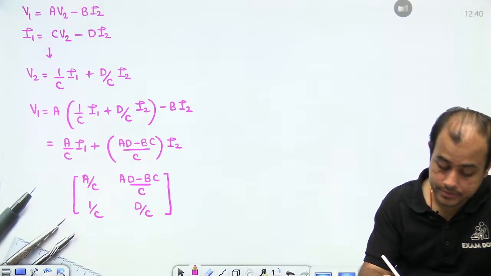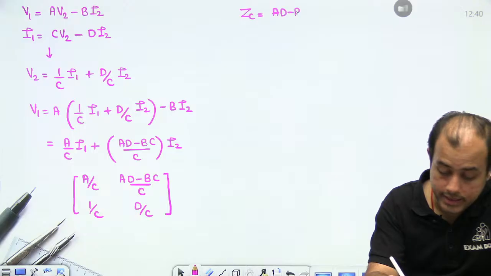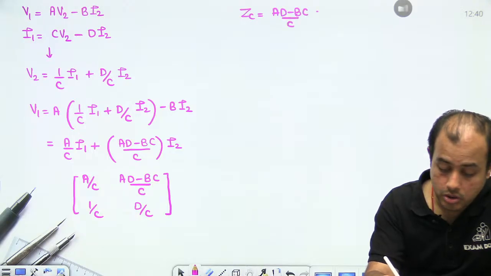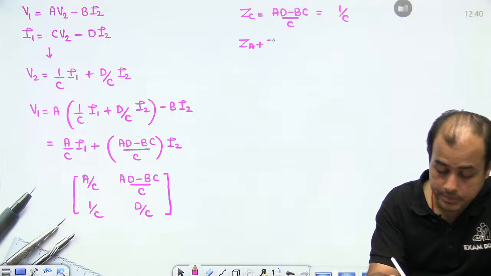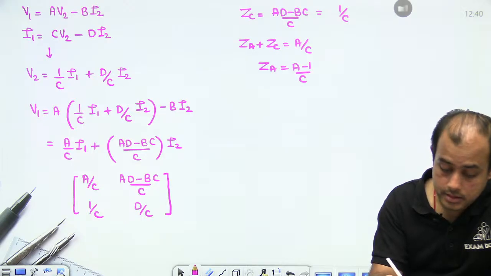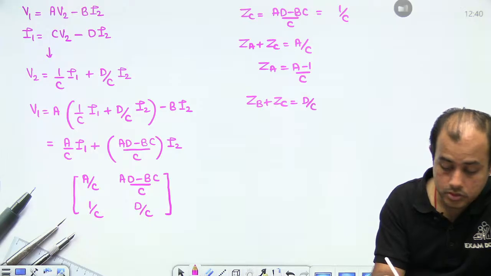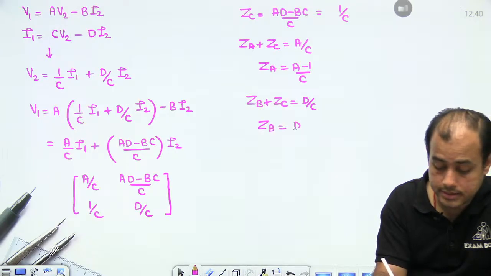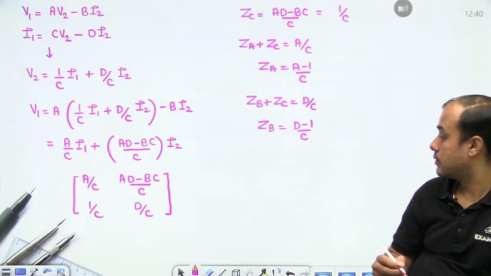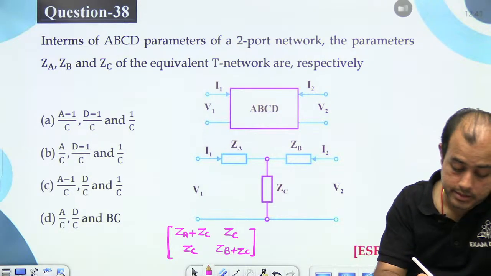So ZC, basically you can write AD minus BC by C, or you can write 1 by C. ZA plus ZC is A by C, so ZA is A minus 1 by C. ZB plus ZC is D by C, so ZB is D minus 1 by C. So what is the answer? A minus 1 by C, D minus 1 by C, 1 by C.